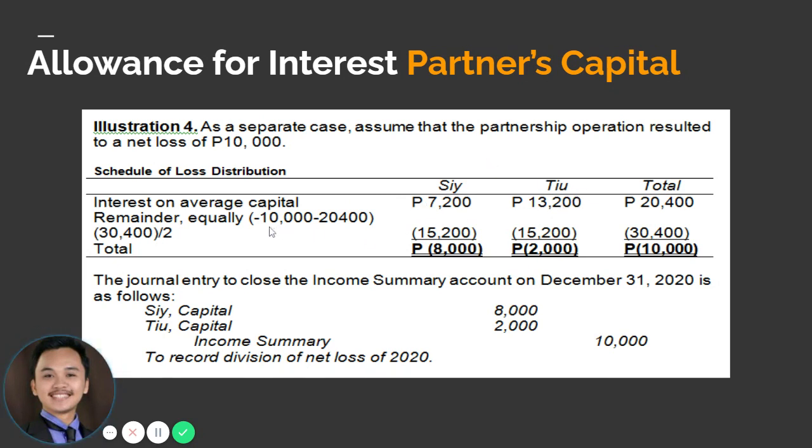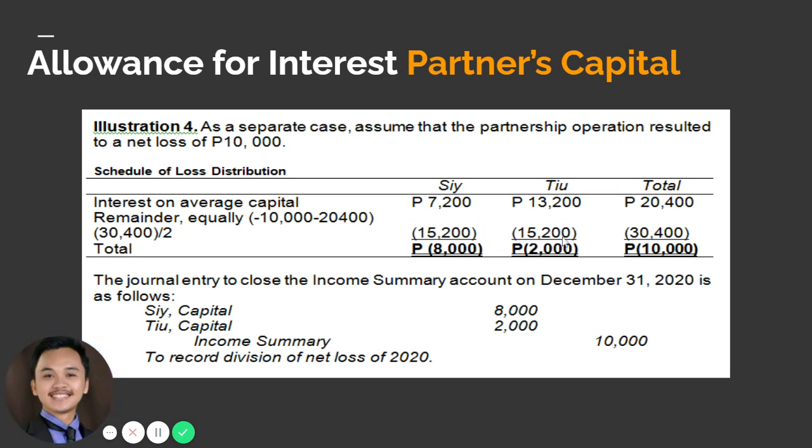Pero take note, naa tay loss diri. So, from that, loss nga 10,000 minus total allowances provided to the partners. So naa tay net loss of 30,400. And then that 30,400 will be divided into two to be distributed to C and Chu. So 15,200 for C and 15,200 for Chu.